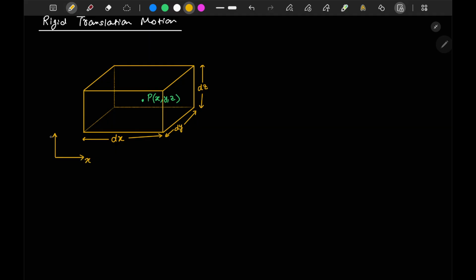This is the x direction, this is the y direction, this is the direction z. One more thing: let's say that the acceleration for this element in the x direction is given by ax.